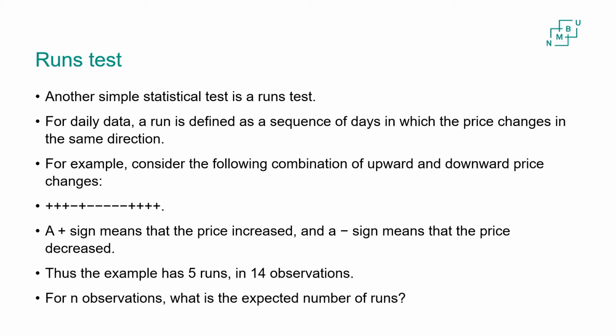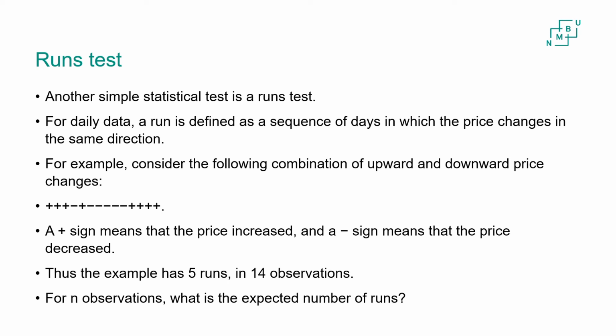Okay, so this is a run. And then there is a negative price move. That is a different run. And then there is a positive price move. That would be another run. Okay? And the 5 price moves thereafter would be one run. Okay?